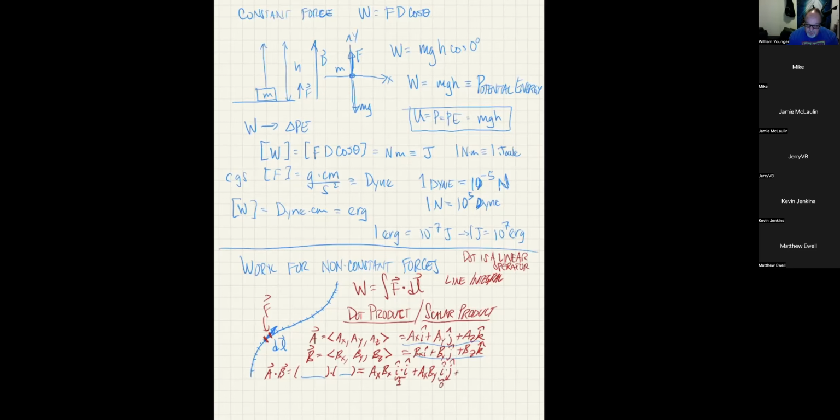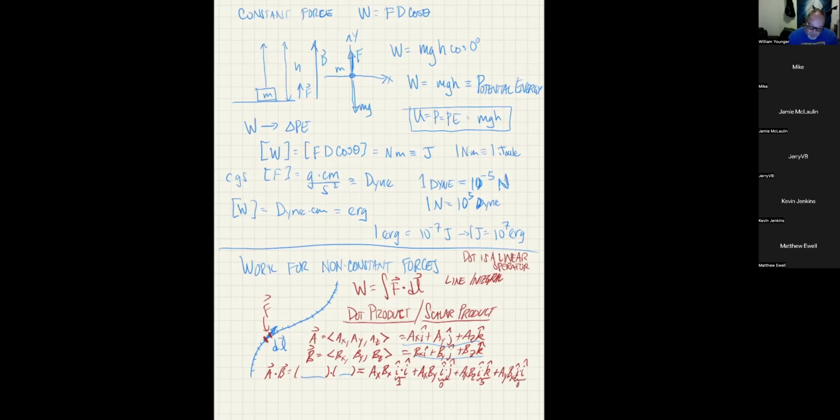Similarly, for AX BZ, i hat dot k hat, that is going to be 0 as well. And I think you can see that's also going to be the case when I go to the next term, which I'm now using AY. AY BX is going to be j hat dot i hat. Well, nothing about them are parallel, so that's going to be 0.